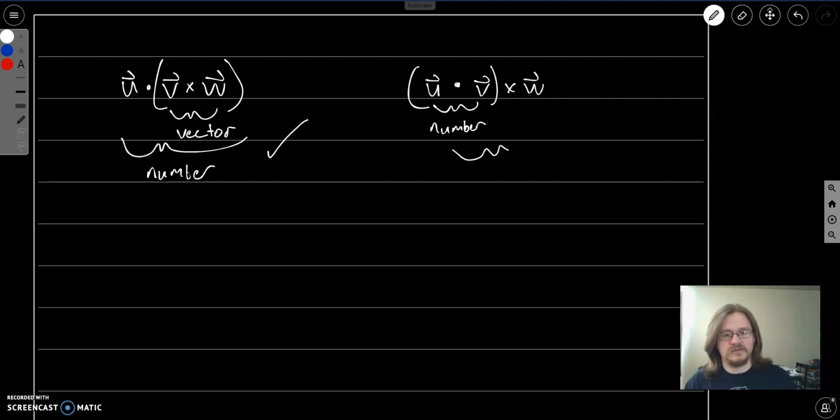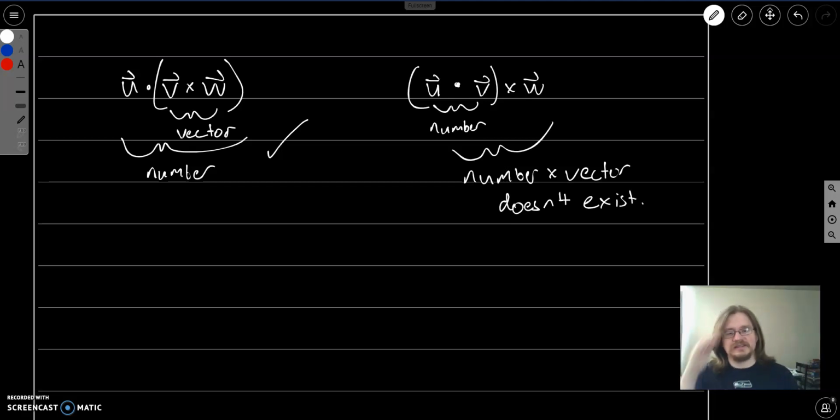A number cross a vector doesn't exist. So we know that we can't actually do this calculation, because I could take the dot product, I could get a number, but then I can't take a number cross a vector. So it's really important to try to keep in mind some of these things.